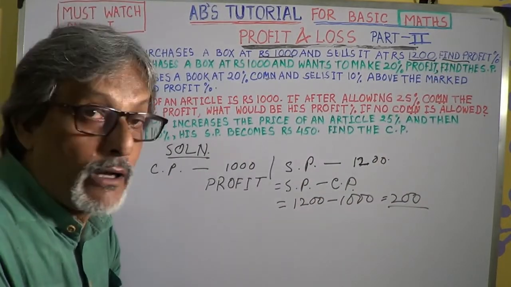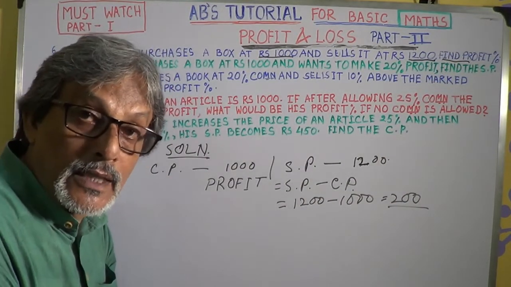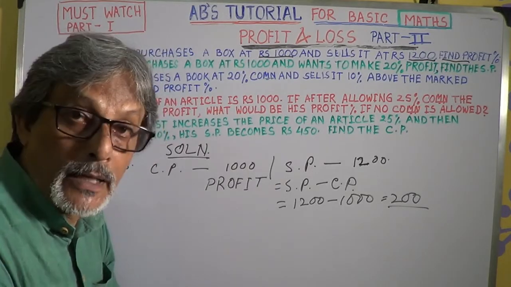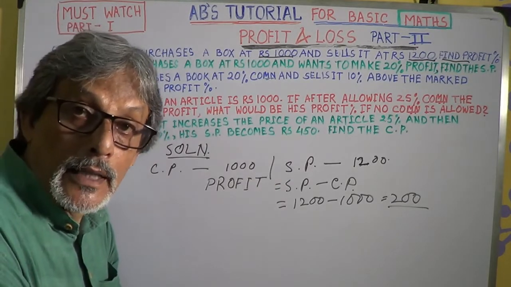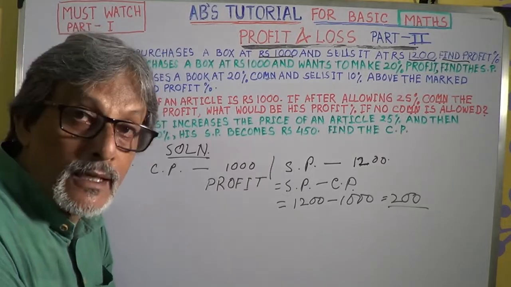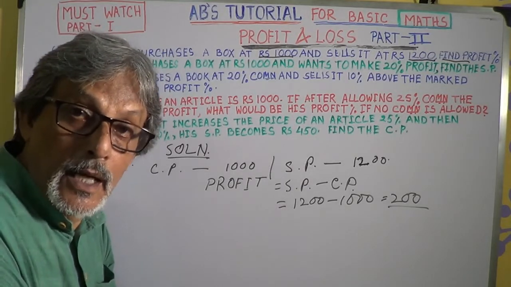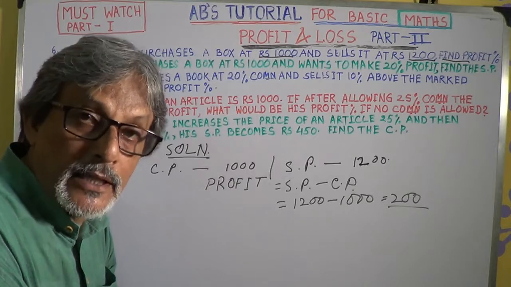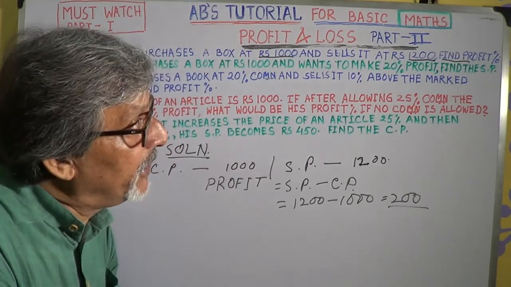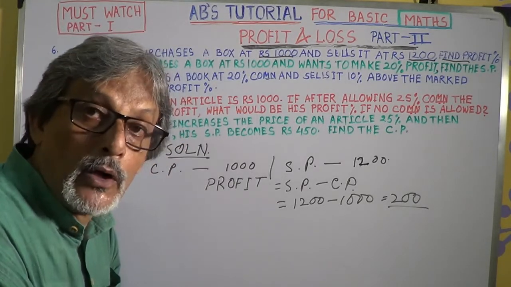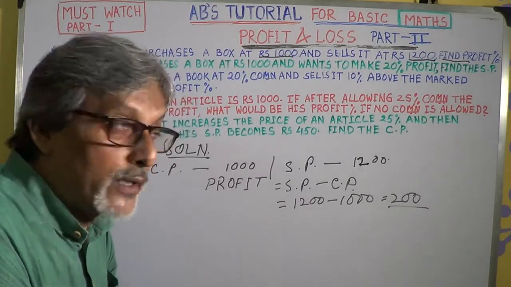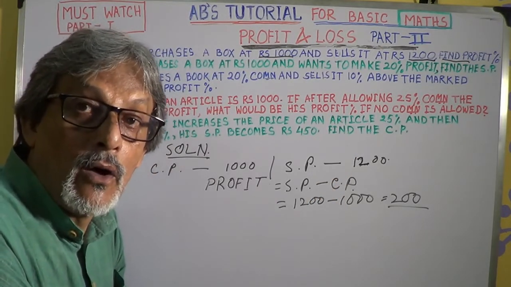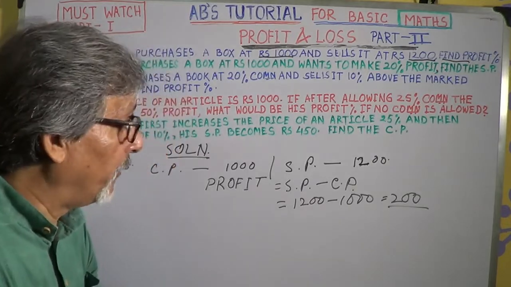And as they have not indicated whether this profit is to be found on cost price or on SP, I mean selling price, generally for profit and loss, if no indication is there, we will always consider this as a percentage on cost price.